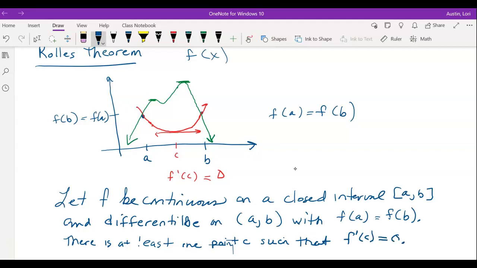Okay, so that's the theorem, that's the picture, that's the words around it. There is at least one point C such that f prime of C equals 0.